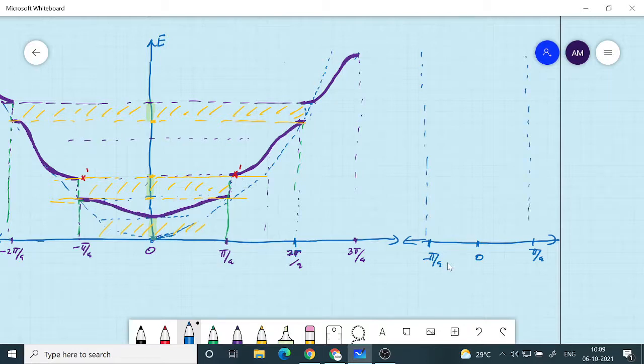So you can basically shift this with respect to 2 pi by a. So if I shift, the bottom will remain the same because that is already between minus pi by a and plus pi by a. So that will remain the same.